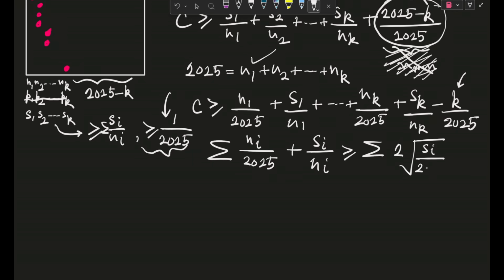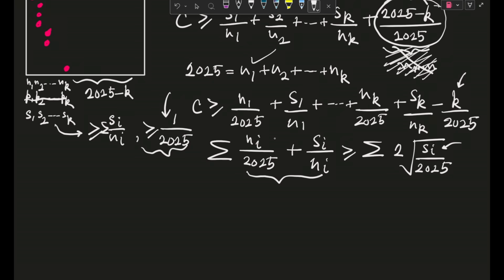Now, I have jumped one step here. This is nothing but AM greater than or equal to GM. Forget this sigma for a while. You take this thing and apply AM greater than or equal to GM, so you get this, 2 root si by 2025.